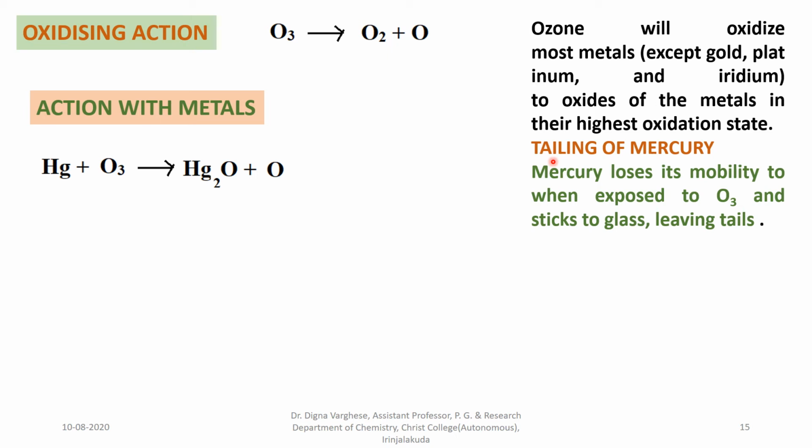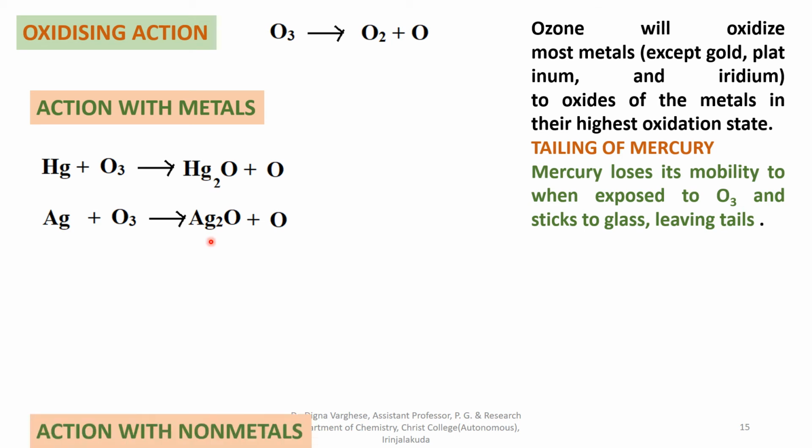As a result, mercury loses its mobility when exposed to ozone and sticks to glass, leaving tails. This is called tailing of mercury. Another action with metals is with silver. Silver reacts with ozone to form silver oxide, and here also silver is in the +1 oxidation state.